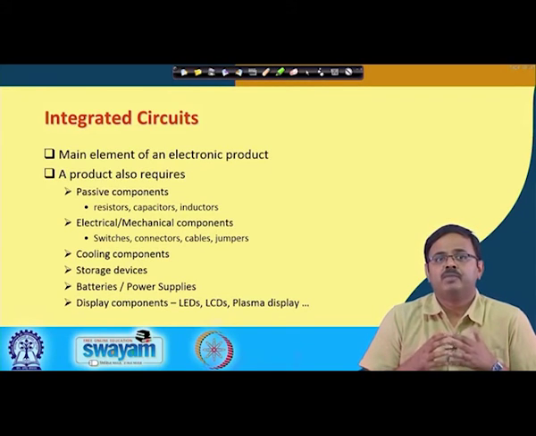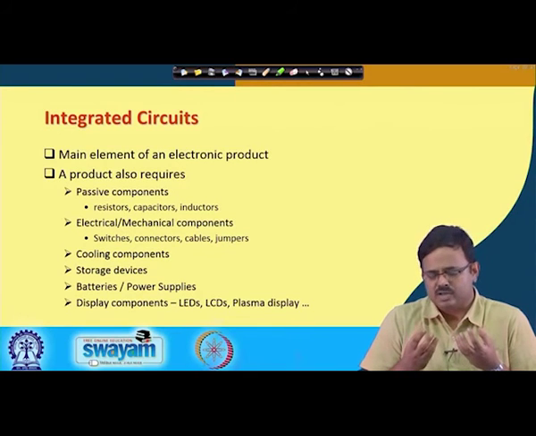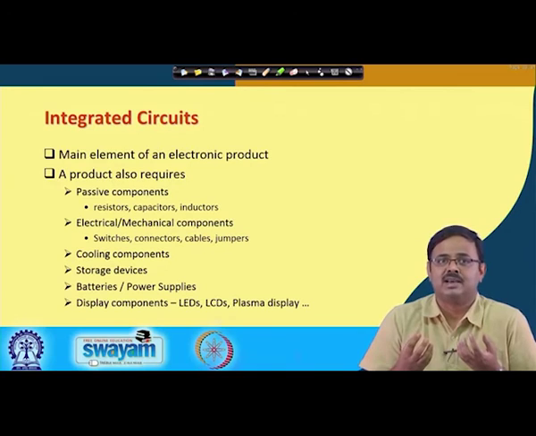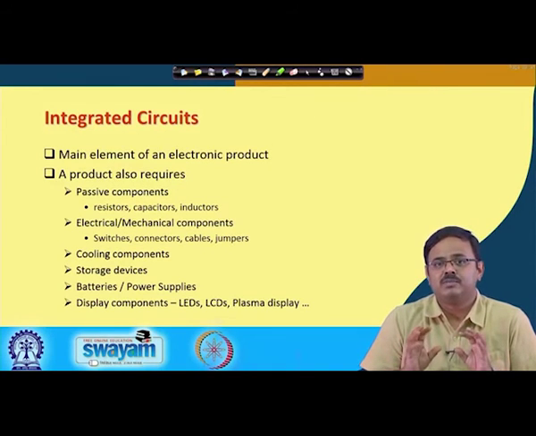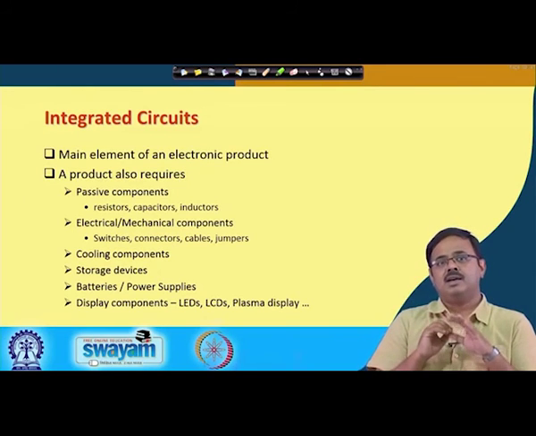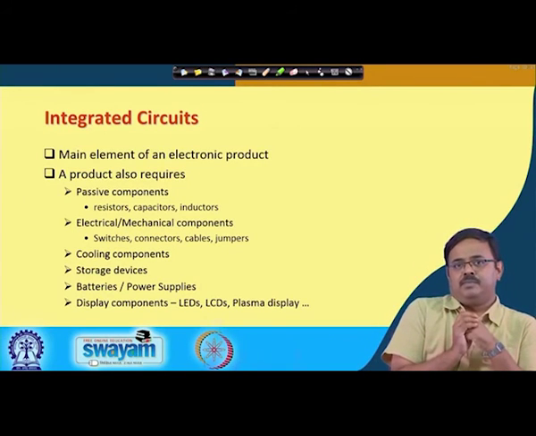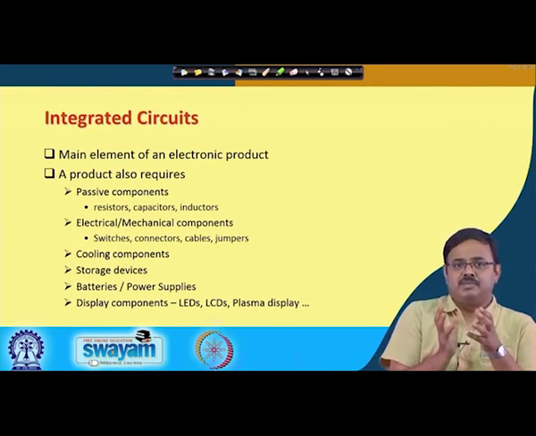So what is the main component, the brain of each of these electronic products? The most important component in any electronic system, device or product is the microchip, the microelectronic chip that has integrated circuits inside.